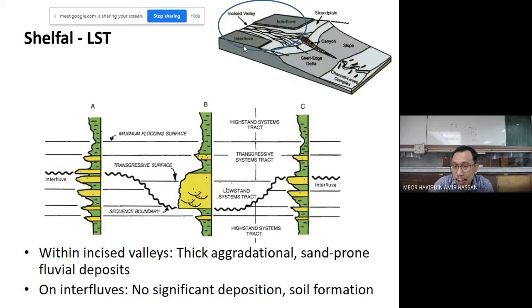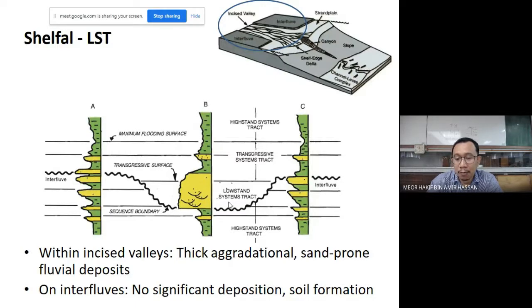You have roots, desiccation cracks, soil, leaching, and so on. Yeah? But no really thick deposits of the LST being formed. So here, you don't have an LST being preserved. Missing. Okay. So thick LST in the incised valley, missing LST on the interfluves here.